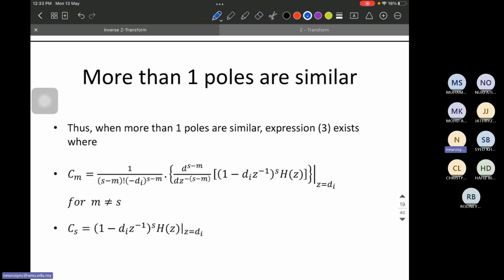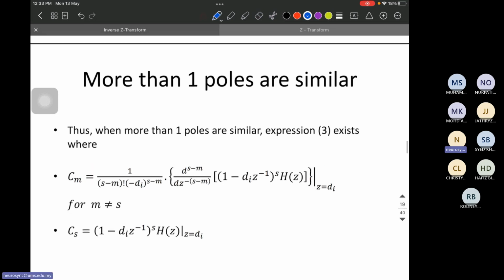Are you getting this? This is a very long formula, please memorize it.